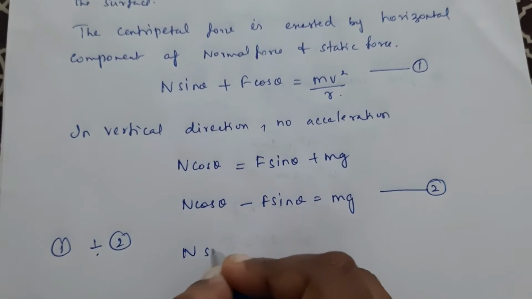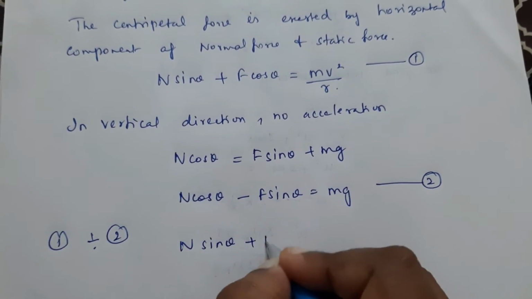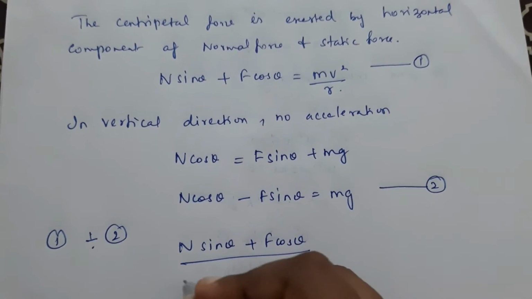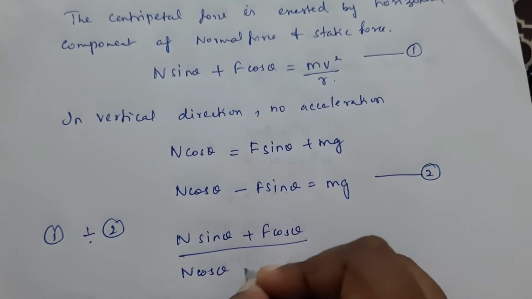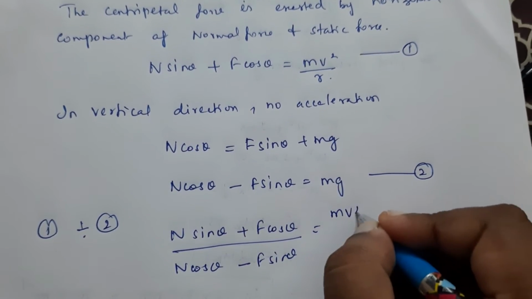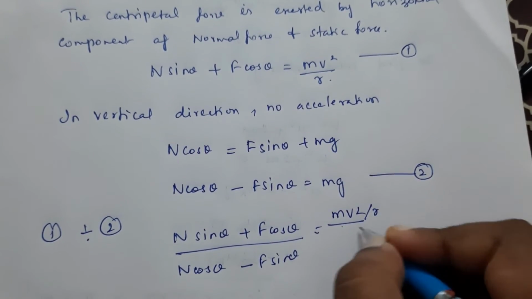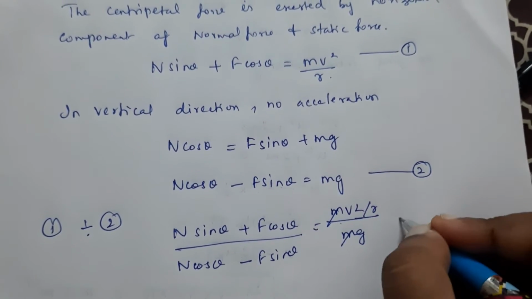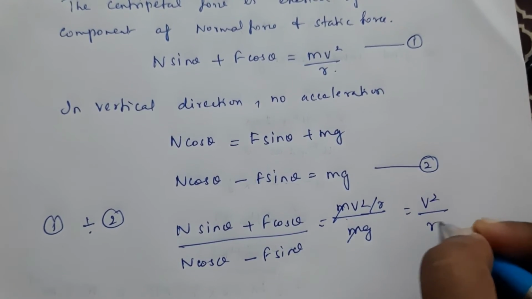So I can write n sin theta plus f cos theta by n cos theta minus f sin theta is equal to mv square by r by mg. So this and this will get cancelled, and we will get v square by rg.